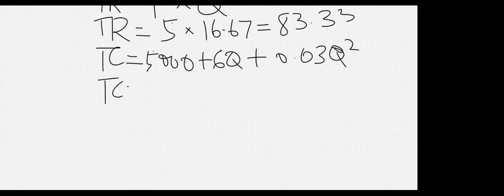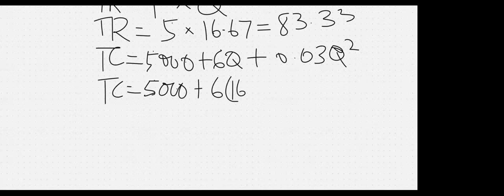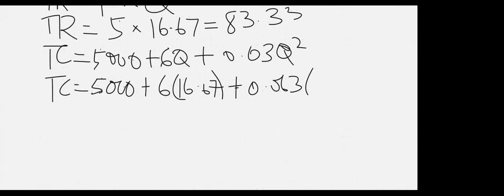So 5,000 plus 6 times our Q, 16.67, plus 0.03 times 16.67 all squared.